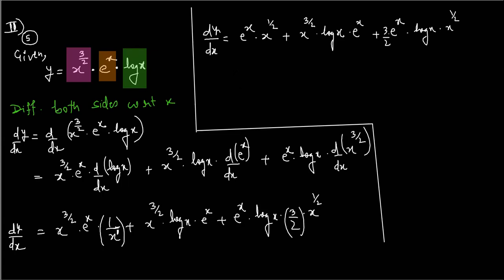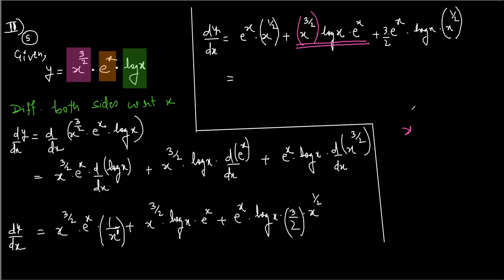What I can do is I can take e raised to x into x raised to half common. See, students, I have got x raised to half here, and remember that in this term where you have x raised to 3 by 2, here also you have x raised to half.